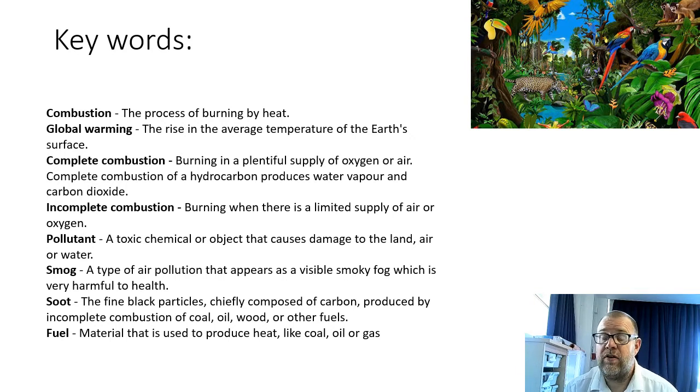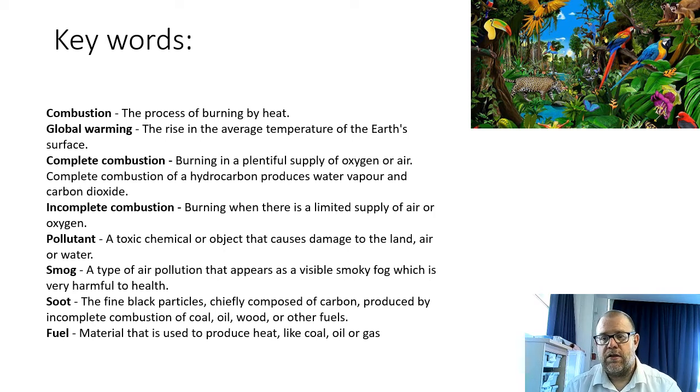Combustion, hopefully you know the equation for that. So this is a process of burning by heat. So we have a fuel plus oxygen gives us carbon dioxide and water. Global warming, we've talked about that. We've got complete and incomplete combustion. They're completely different. If you think about a Bunsen burner, when we've got the blue flame, we have complete combustion.